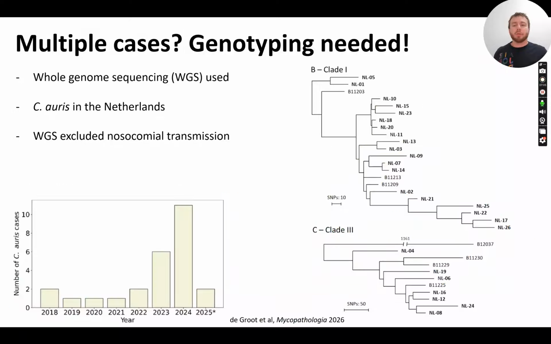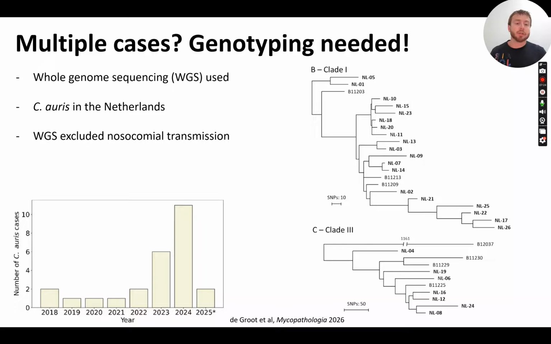So that's of course what we did in the Netherlands. We applied whole genome sequencing to all of these Candida auris cases, and we can see the results on the right side. Isolates were either allocated to clade 1 or clade 2, the clades that are highly capable of causing outbreaks.